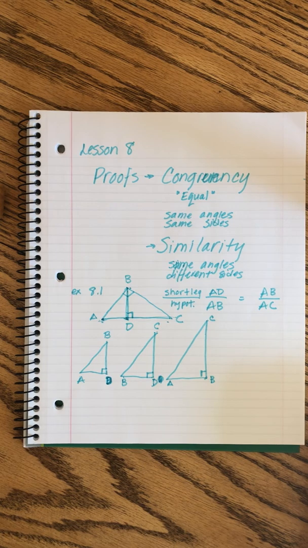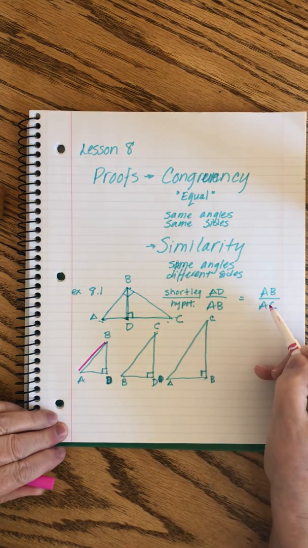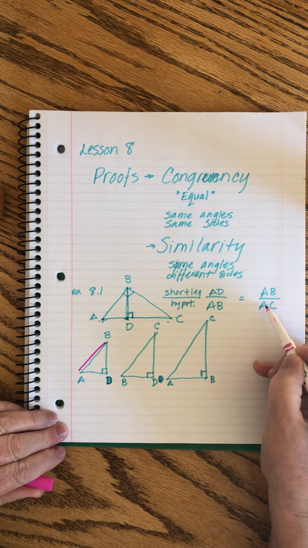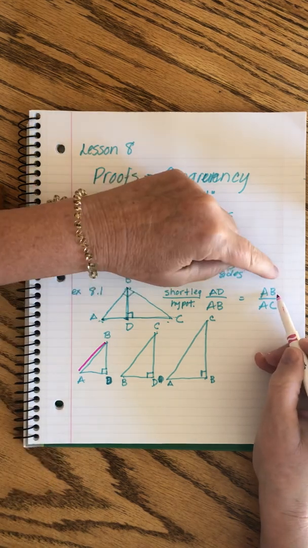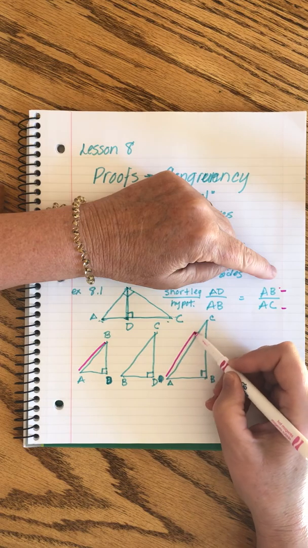All right. So we're trying to prove, I'm going to use some different colors. We're trying to prove that AB, I did the wrong one, I'll do it over here. AB is proportional to AC.